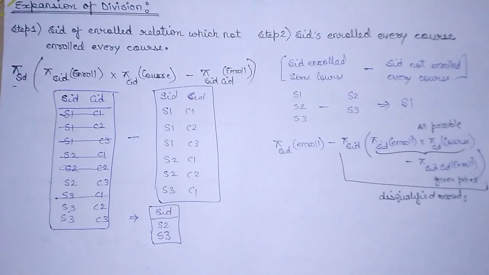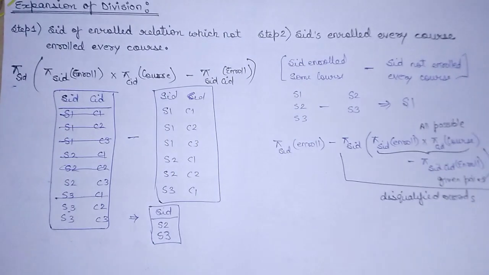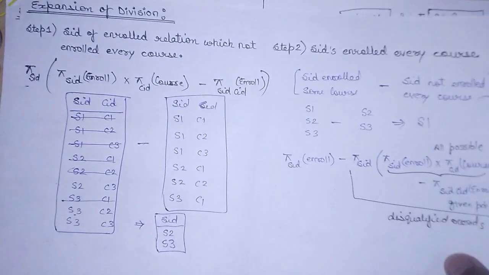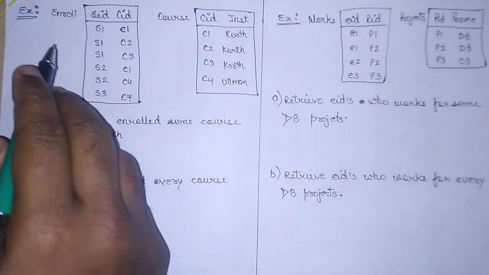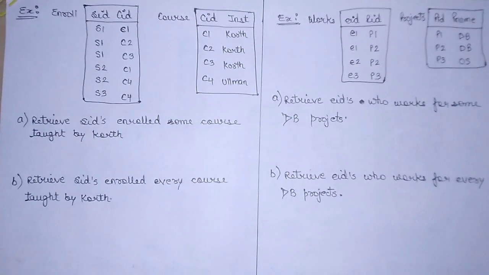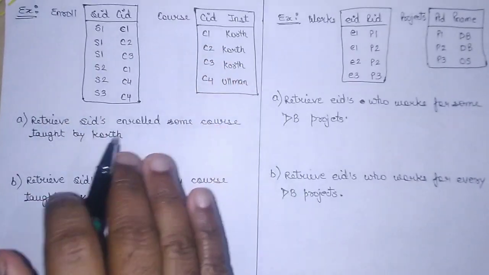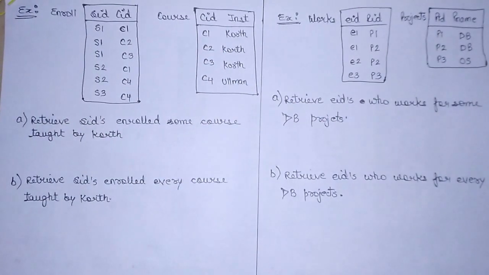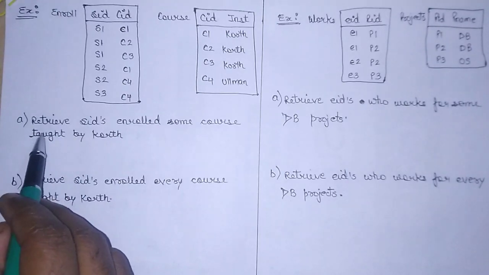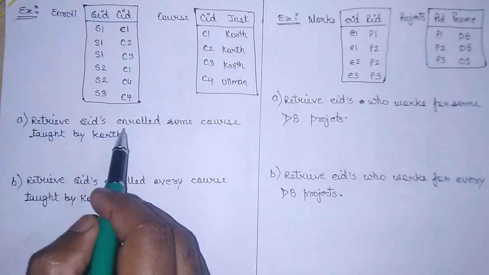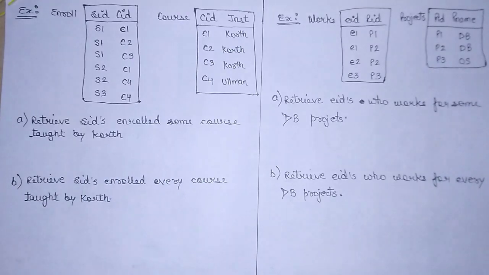Now let's try to understand a few more examples to have a grip on this particular topic. So here I am having two examples on this same division operator. In this example I am having the same enroll table and course along with some instructor name. So you can see that in the first question we have to retrieve the student ID enrolled in some course taught by a particular instructor.